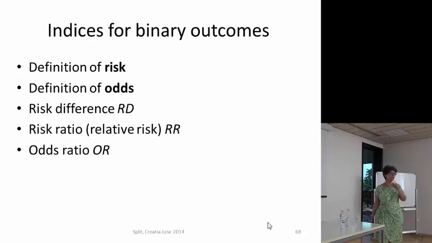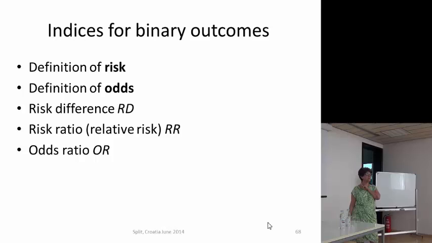Okay. Should I talk about binary outcomes? I put this in here sort of optionally, but since I find that people get odds and risks mixed up, I wouldn't think it's such a bad idea. Okay, so I want to talk about what risk is. I want to talk about what odds are.